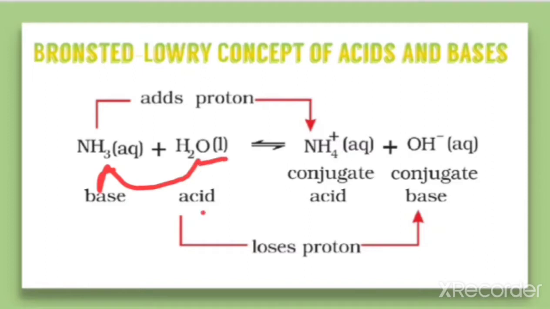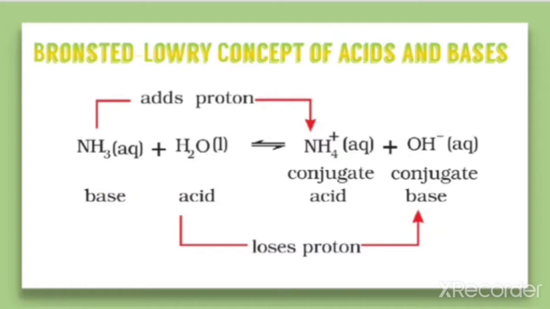After donating H plus ion, because water has H plus and OH negative, when it gives up the H plus, what is remaining now? With the loss of proton, we can say that H2O is turned into OH negative. That means hydroxyl ion: H2O gives the H plus and forms OH negative.